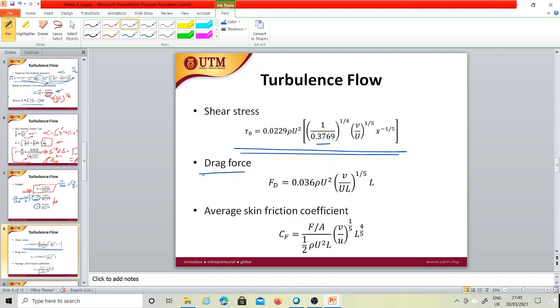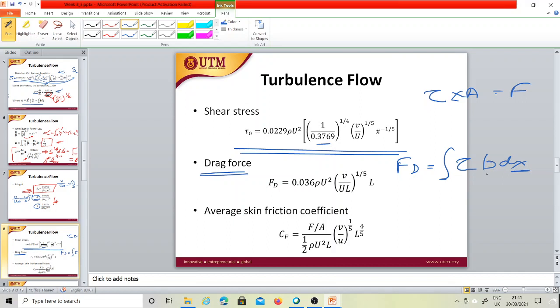And how do we get the frictional drag in this case? If you multiply the stress by the area, you will get the force, that is the drag force. So I multiply tau by the area, so you need to integrate dx, and b is the breadth.